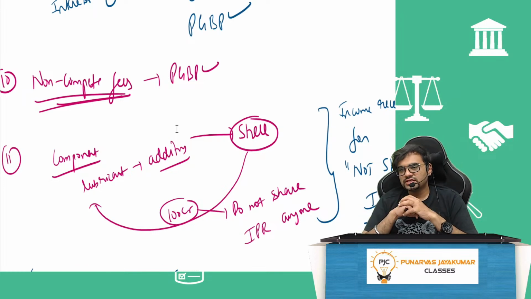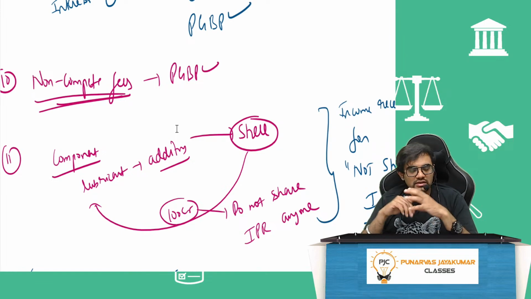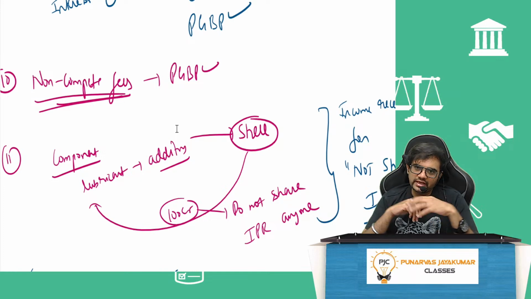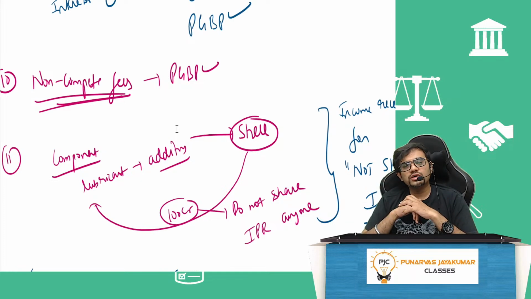He had created this. So Shell companies there, no? Shell Corporation, petroleum product. So they bought that and they gave him, let's say, 1 crore and told him, do not compete, do not use this anywhere else. So is that PGBP? Yes.